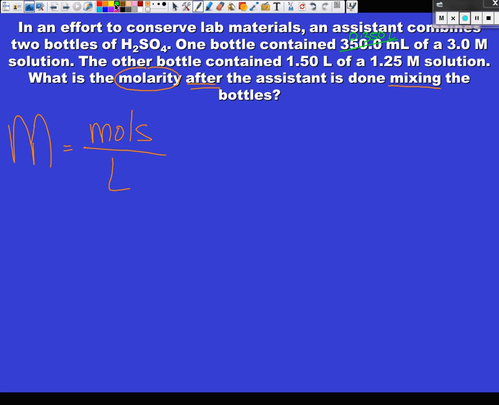After mixing bottle A and bottle B, we pour it into bottle C. How do you find the volume of bottle C? Add. Wow. Thank you. Okay, add. I need the volume. You add the volumes. Yes.